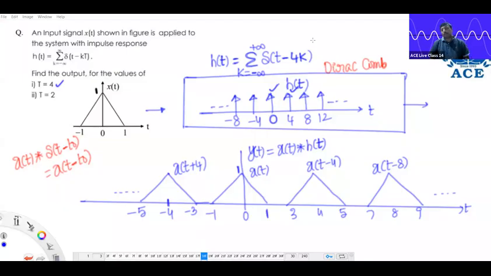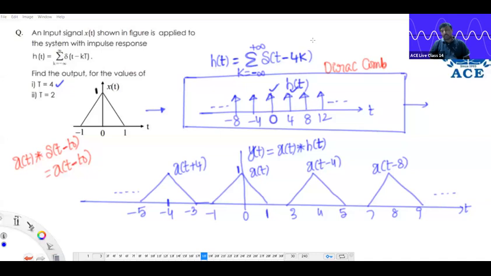So if you convolve a signal with a periodic train of impulses, the output is a periodic repetition of that signal. In the output graph, again the triangles are repeated, sir.